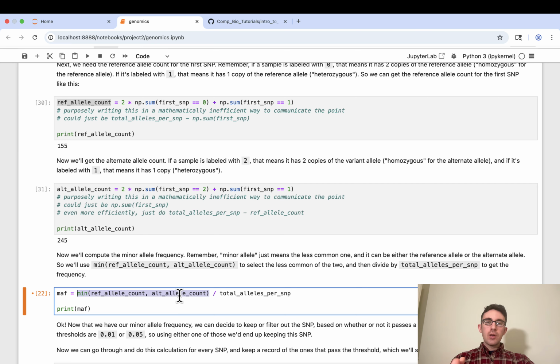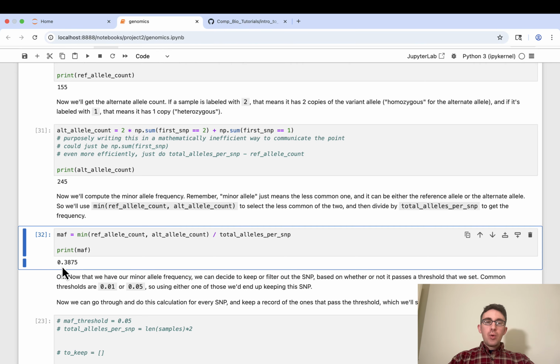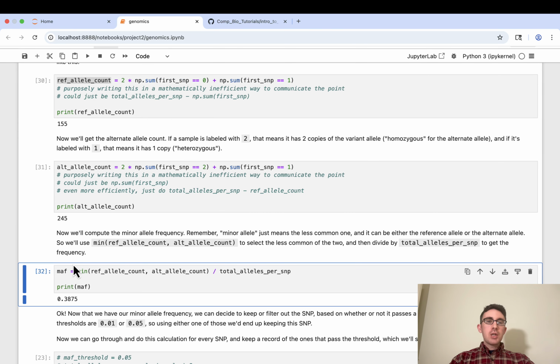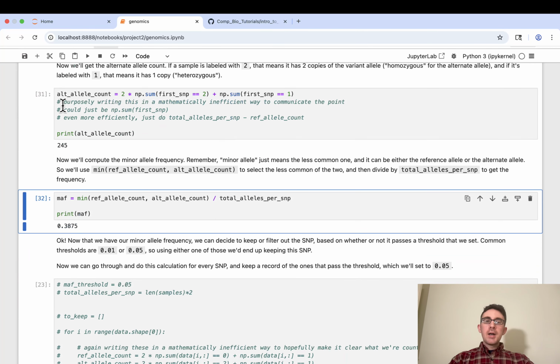And then our minor allele frequency is going to be the minor allele count divided by the total count of the alleles per SNP, which we know is 400. So we can do that and get 0.3875, which I guess is 155 divided by 400. And that's our minor allele frequency for the first SNP.